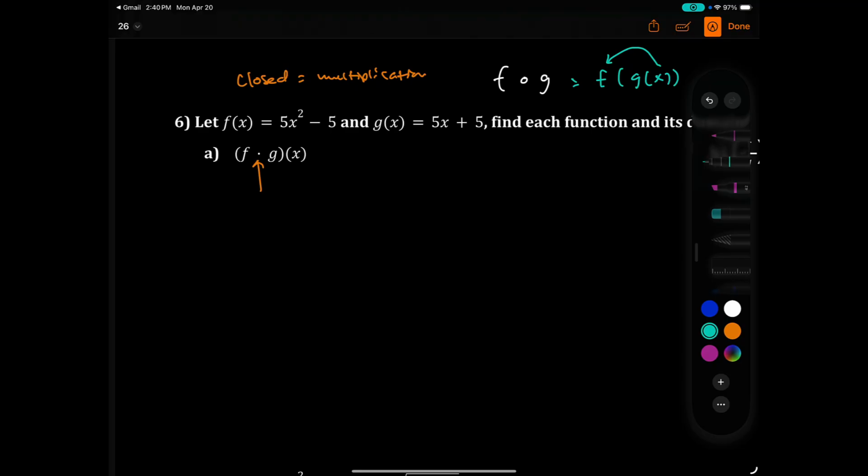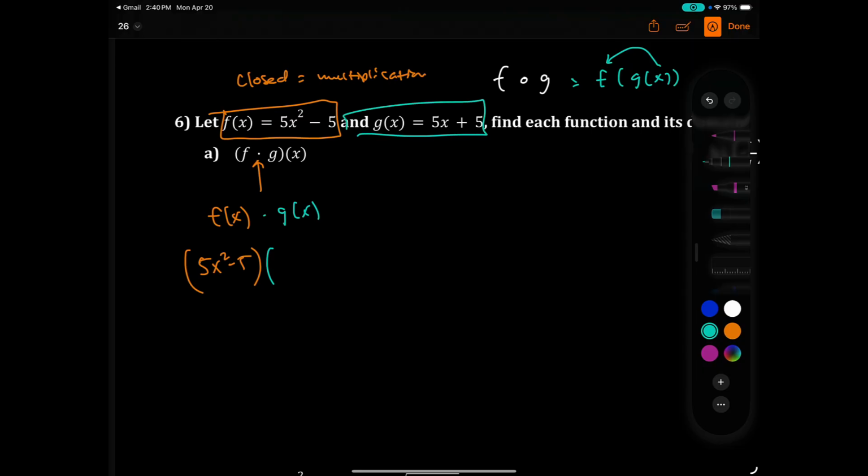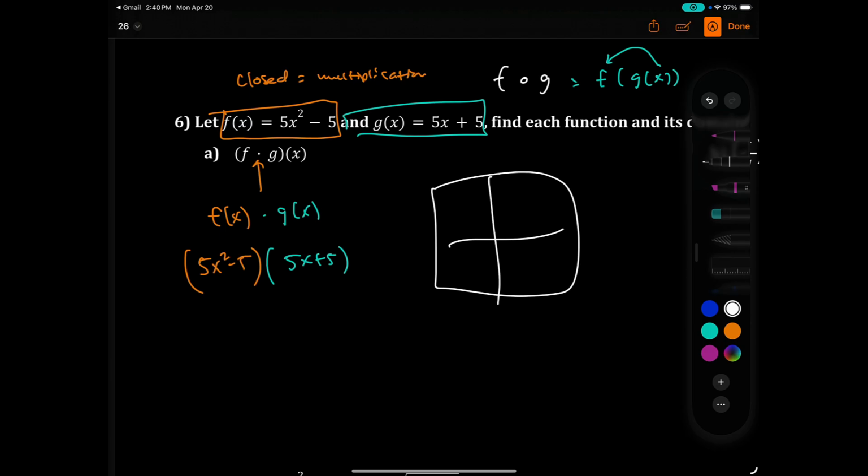Okay, so I can do f of x times g of x. F of x is this. So every time I see f of x, I can write 5x squared minus 5. G of x, I can write 5x plus 5. So let's just put those into here. And you're going to do the same thing.